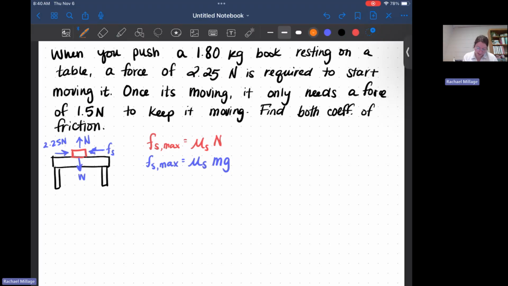If the book is at rest and that 2.25 starts it moving, in the instant that it starts moving, we're going to have a maximum static friction of 2.25 newtons equals mu sub s times mg, which is 1.80 kilograms times 9.81 meters per second squared.